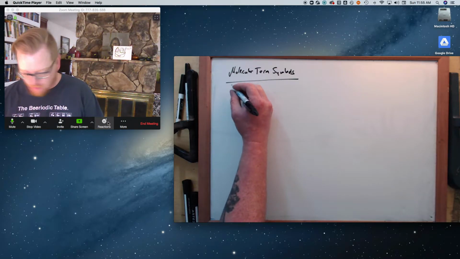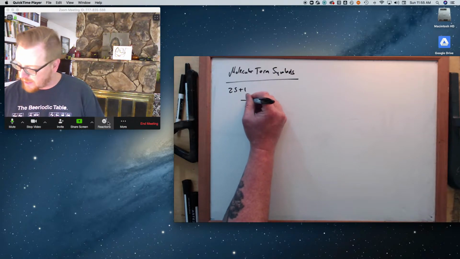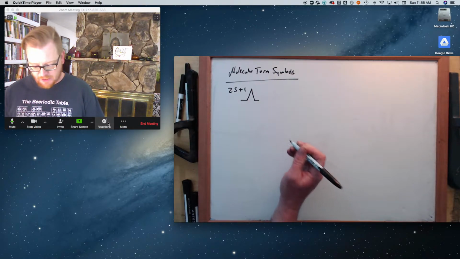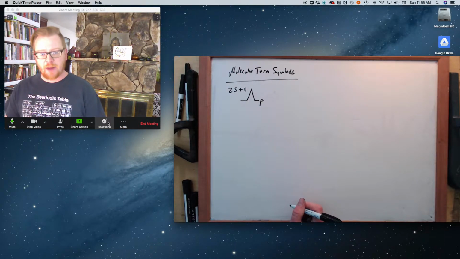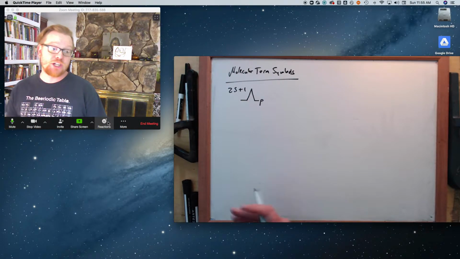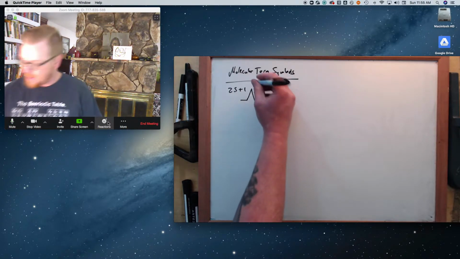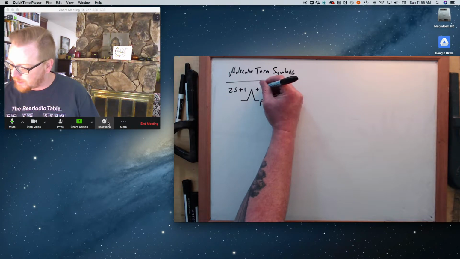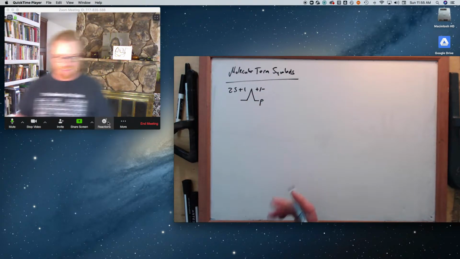So the symbology of the term is the following. 2S plus 1, hopefully that looks familiar. That's our multiplicity. Down here below, we're going to put P for our parity. And so that's going to be either g or u, gerade or ungerade, even parity or odd parity. And then also up here, we're going to put either a plus or a minus, but only for certain states.